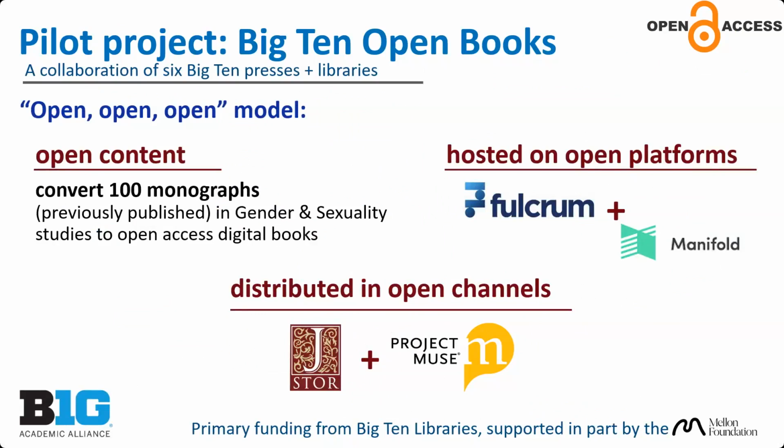It's a small collection, but what we've been trying to do with this project is explore collaboratively between presses and libraries the sort of issues that open content and discovery has. And so this is a backlist opening, backlist content from 6 of the 14 Big 10 university presses.